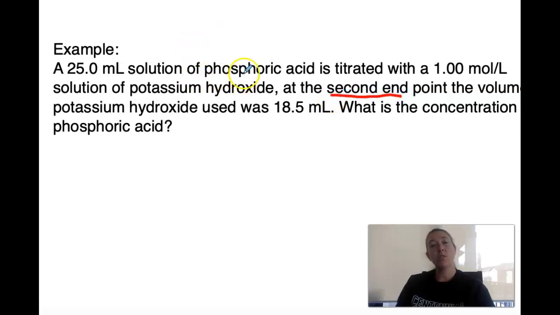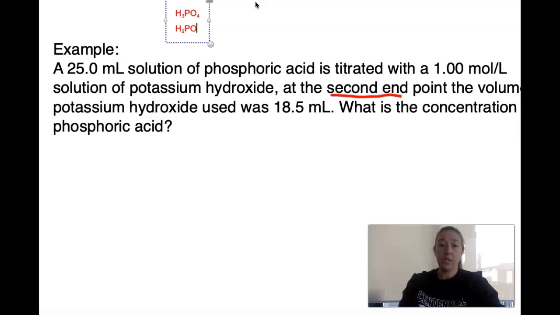Okay, so we're dealing with phosphoric acid and potassium hydroxide. So our polyprotic species is the phosphoric acid, right? And phosphoric acid to start with is H3PO4, and that's going to turn into H2PO4 minus, and that's going to turn into HPO4 2 minus.